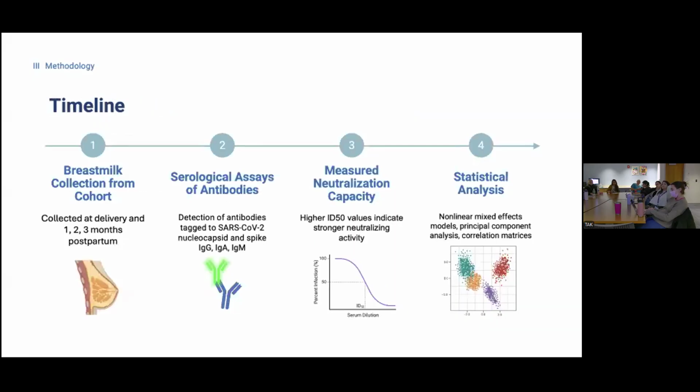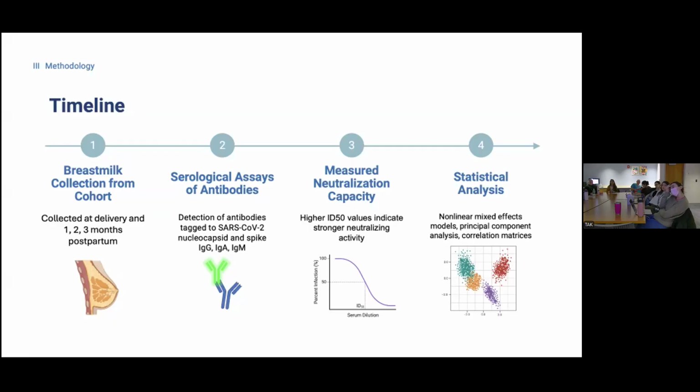So for the timeline, again, we created the cohort, collected breast milk at delivery, and then 1 month, 2 months, and 3 months postpartum. And then we created serological assays of the antibodies, meaning to measure the amount of antibodies, we tagged it to a fluorescent antibody, and then it would light up to show us the amount of reactivity.